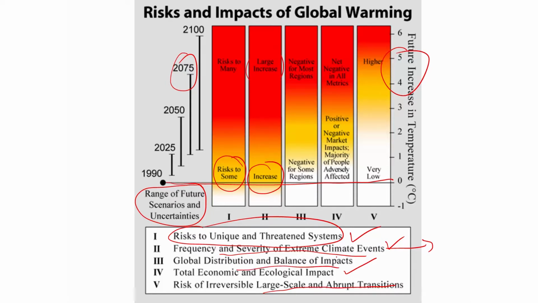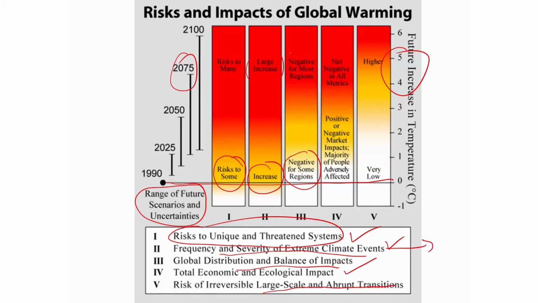Global distribution and balance of impacts is negative for some regions. This is where we have to remember that global warming may well produce some winners and some losers, but it depends on lots of the details of how the globally connected population systems, immigration systems, transportation and economies interact with each other.